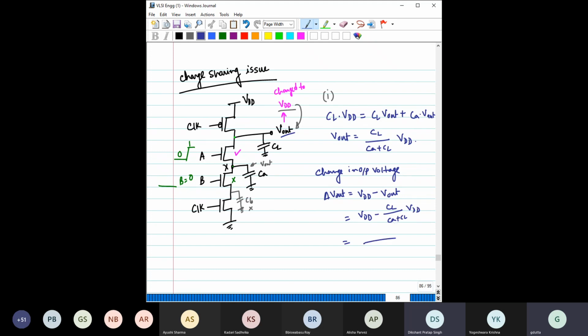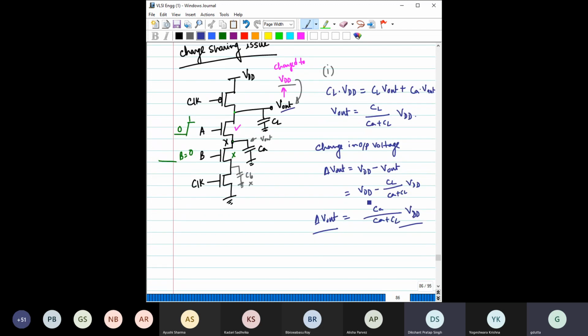If you calculate it, CL will cancel, and you will get CA VDD over CA plus CL. This will be the change in the output voltage when this transistor is still on during the complete scenario of this charge distribution.